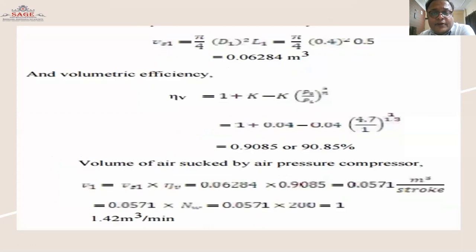Here the stroke volume of the low pressure cylinder is equal to pi by 4 d1 square into L1, and d1 value is given 0.4 meter squared into 0.5, that is the stroke length. After that we can calculate the stroke volume of the low pressure cylinder and the volumetric efficiency.